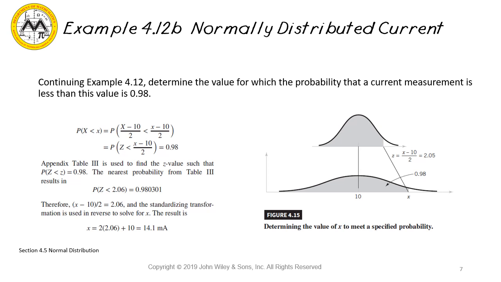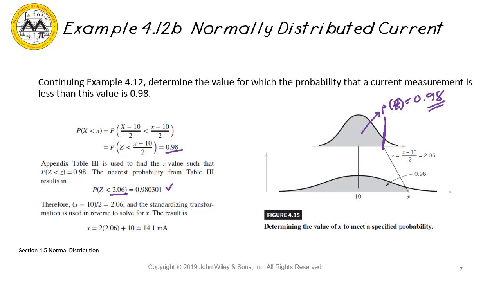Determine the value for which the probability that the current measurement is less than this value is 0.98. So the area below this cutoff is 0.98. First, we inspect what would give us a 0.98 area, and the closest would be 2.06.